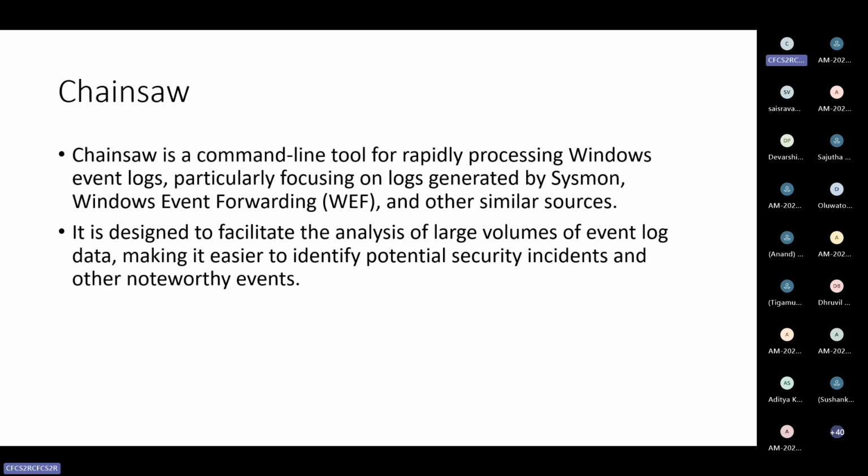When we are working in a security operation center or we have deployed a SIEM in your network environment, sometimes we need to analyze the event logs, and Chainsaw could be a good tool for you to understand things in a better way. It is designed to facilitate the analysis of large volumes of event log data, making it easier to identify potential security threats and other noteworthy events.